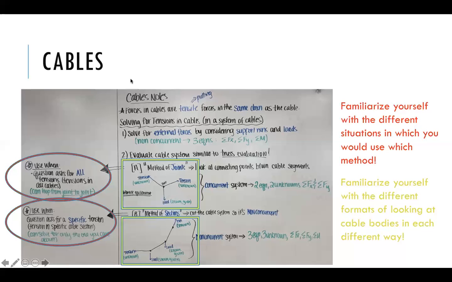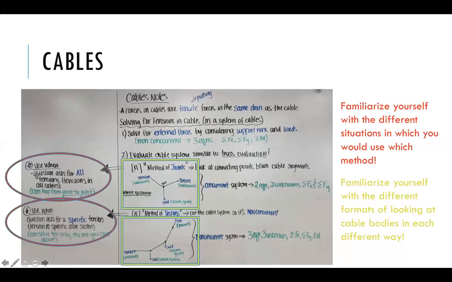So the idea behind cables is that you really want to familiarize yourself with understanding what the question is asking and how that immediately translates to how you want to solve it. You also want to familiarize yourself with the different formats of looking at cable bodies, right? Because you can either analyze a certain joint, or you can analyze a certain portion of the body, very similar to trusses.